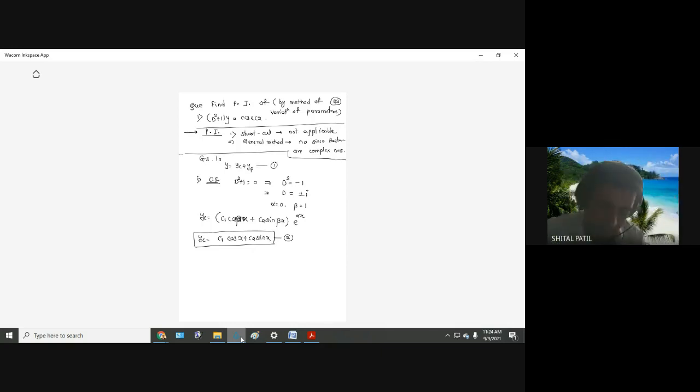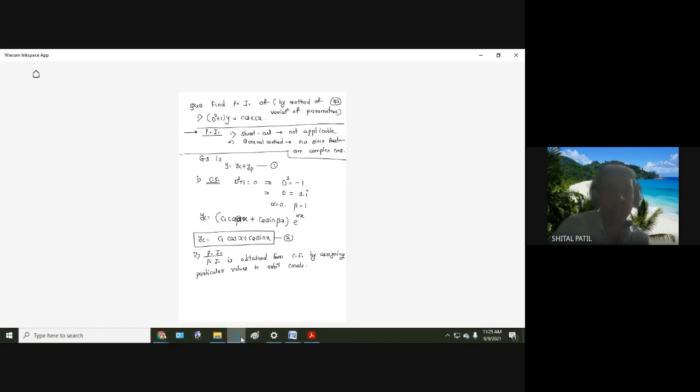Now write second, the PI. PI is obtained from the CF by assigning particular values to the arbitrary constants.